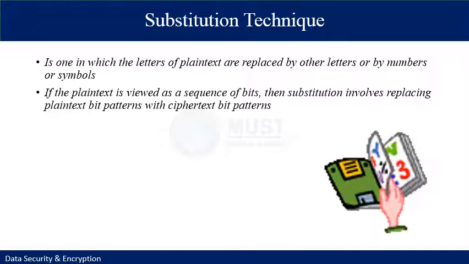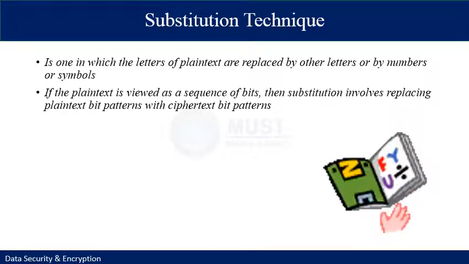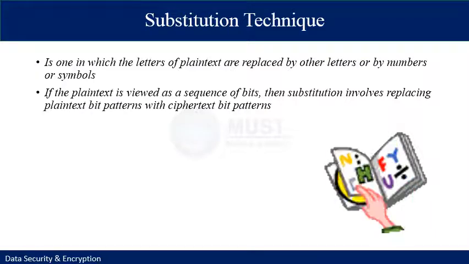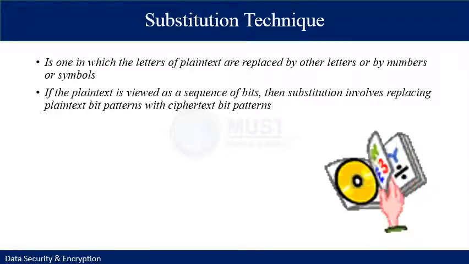These techniques enable us to illustrate the basic approaches to symmetric encryption used today and the types of cryptanalytic attacks that must be anticipated. So two basic building blocks of encryption techniques are already discussed. Number one was named substitution and the other one was named transposition. So we are going to discuss the substitution techniques here.